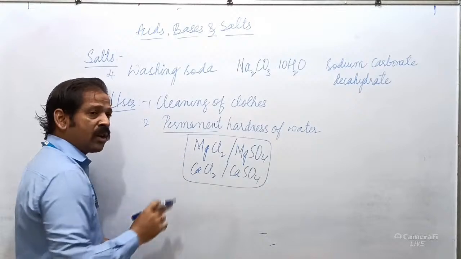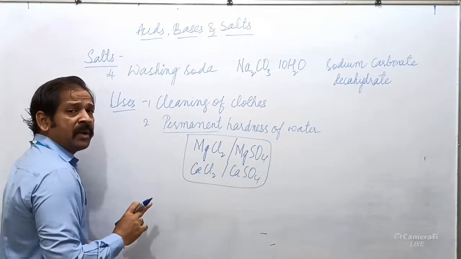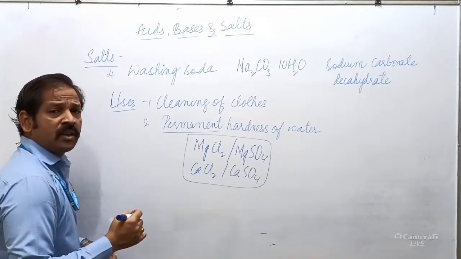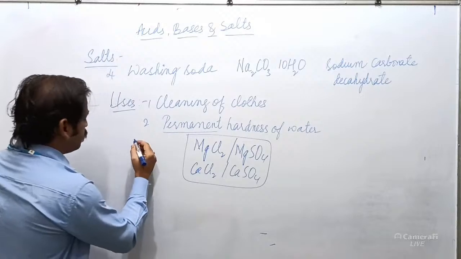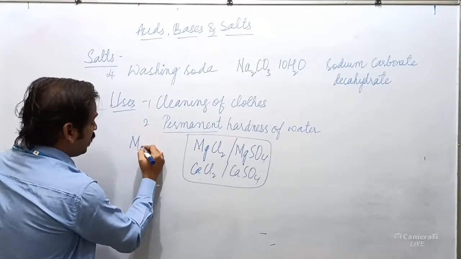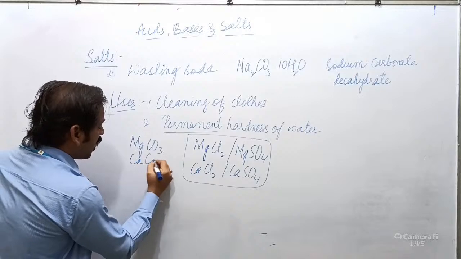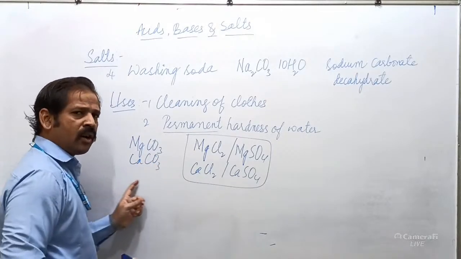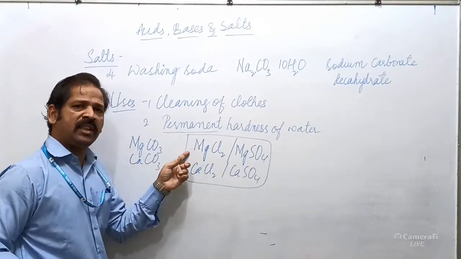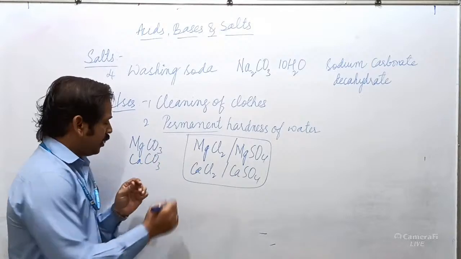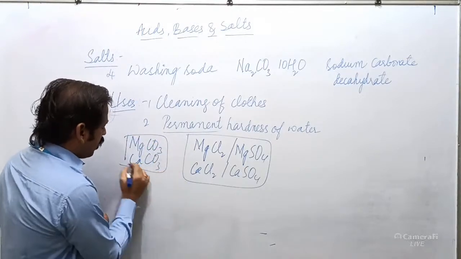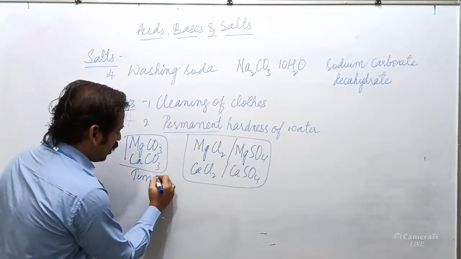These salts present in the water make the water permanently hard. What makes it temporarily hard is magnesium carbonate or calcium carbonate. These are making temporary hardness.